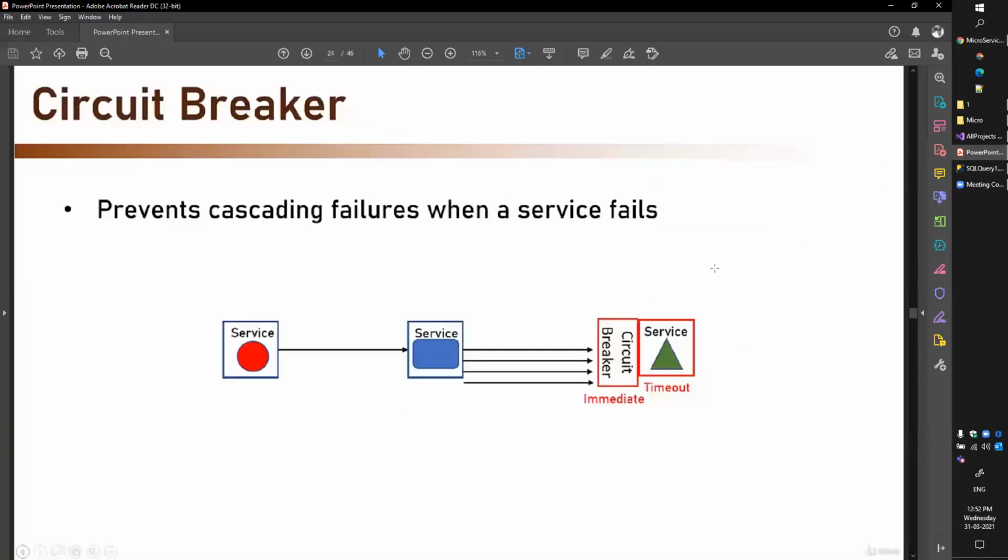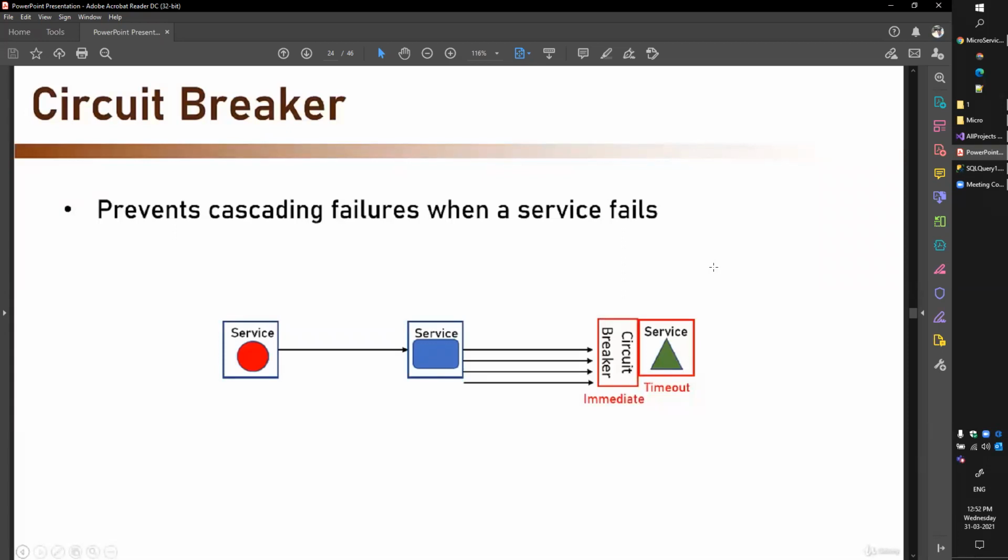Let's move ahead. We talked about the circuit breaker as well. With this pattern, suppose it can be configured so that if a microservice goes down or is overloaded, the circuit breaker will return cached data.